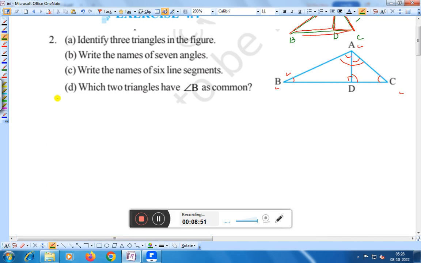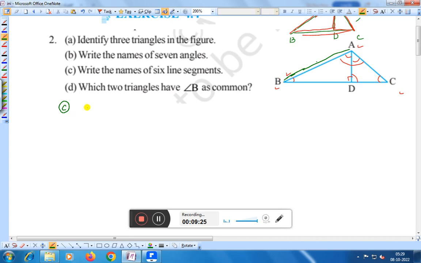Here you see the one line segment we can take as AB. This is AB. Line segment AB.